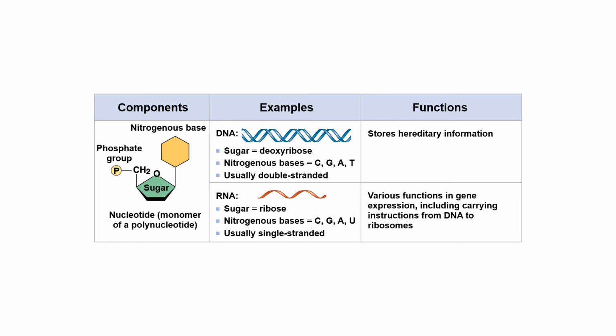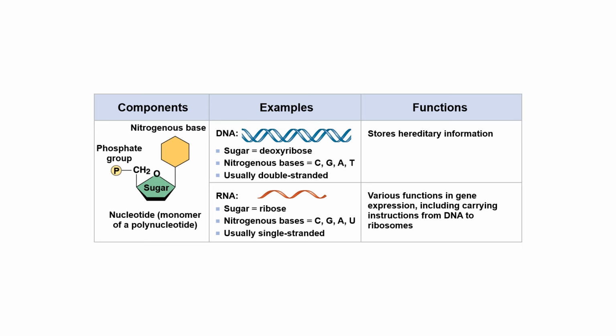For RNA, the 5-carbon sugar is ribose, and the nitrogenous bases are cytosine, guanine, adenine, and uracil. There is no thymine in RNA, and RNA is usually single-stranded.